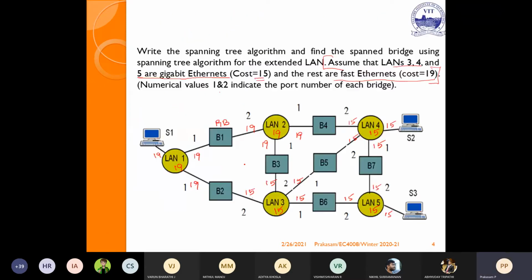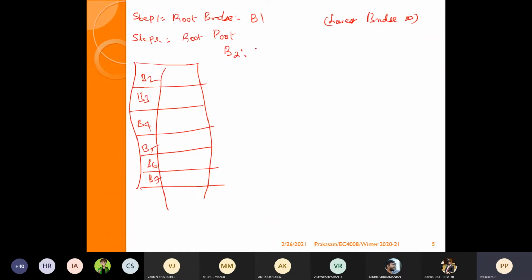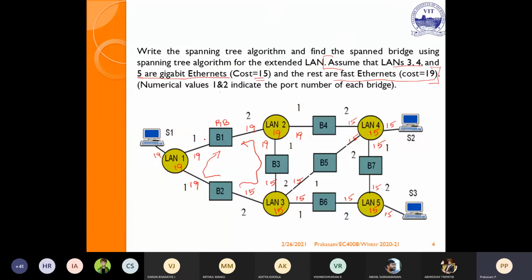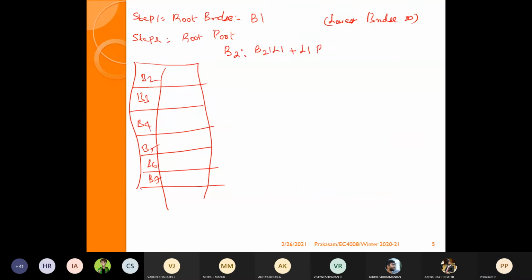Now, if you see here, from B2, you can go in this way or you can go in this way. At least for a few of the bridges, I will write the detail, and the remaining you can add manually. So B2 1 to LAN 1 plus LAN 1 to B1 1.